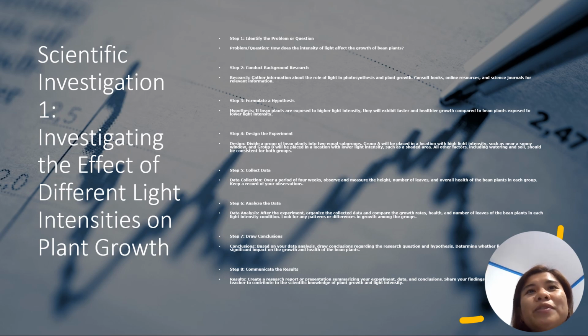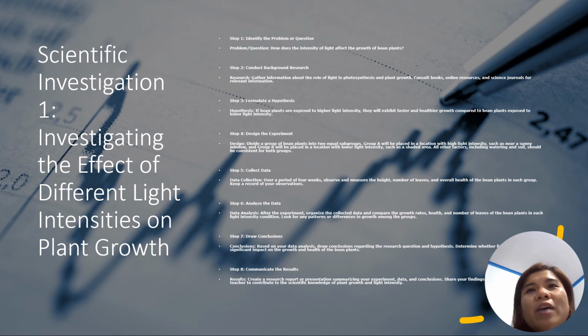Now, let's proceed to step 4, design the experiment. Divide a group of bean plants into 2 equal subgroups.